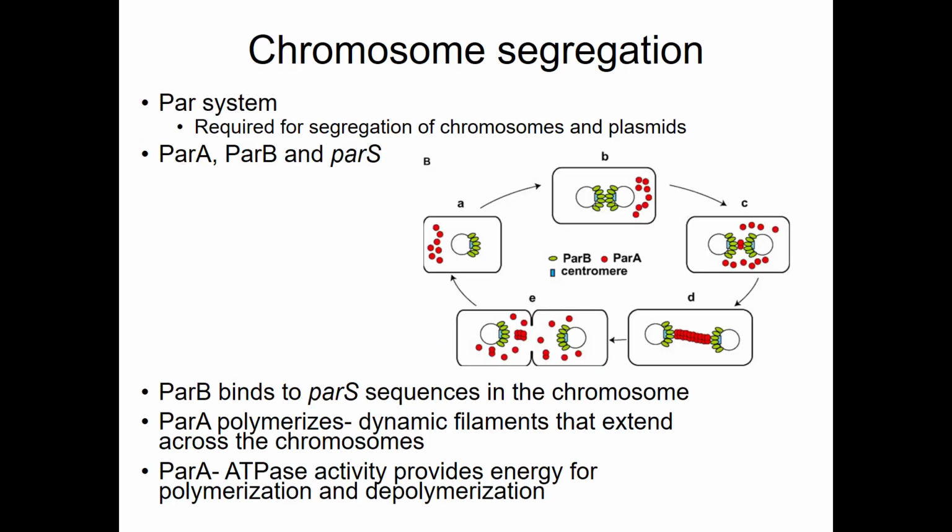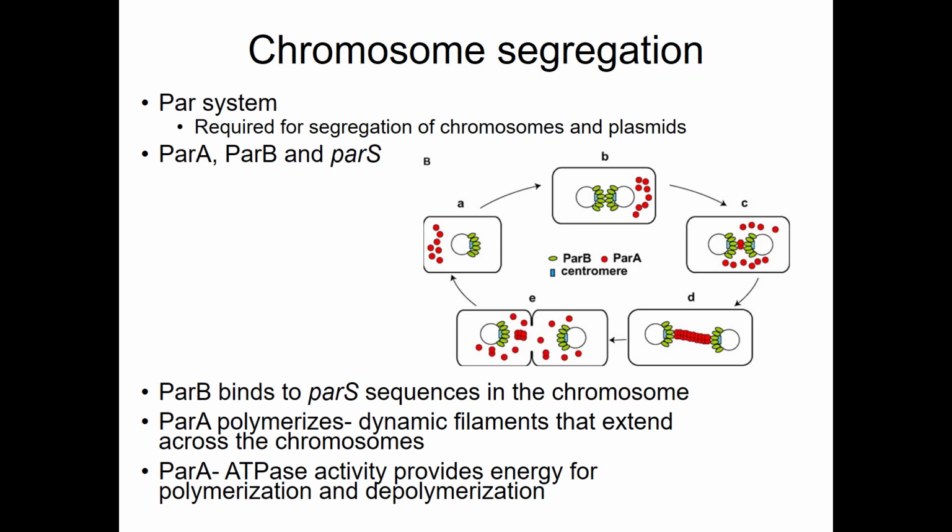However, for some bacteria, this isn't sufficient, and they require an active mechanism to segregate the chromosomes to daughter cells. For this, we have the PAR system. It's required for the segregation of chromosomes as well as many plasmids. And so while some bacteria have the PAR system, there are many that don't, meaning that we still don't know a lot about how chromosomes are segregated during cell division.